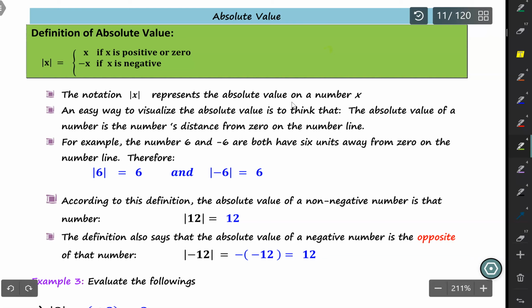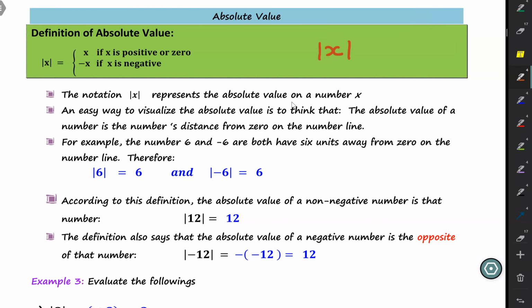If I have the number represented as x, and I write a short line beside this number on each side, then it is the absolute value. If you take a look at your calculator, the absolute value is not on any key. But the operation to work with absolute values is actually very simple.